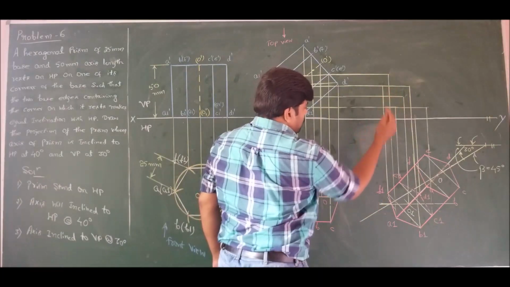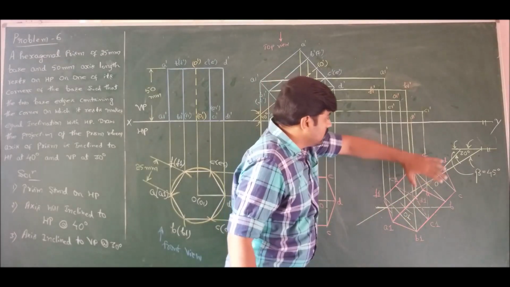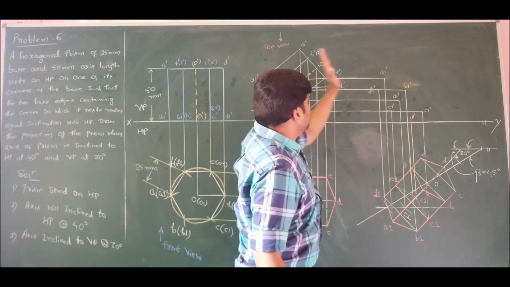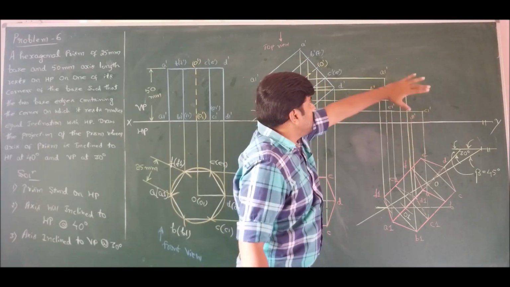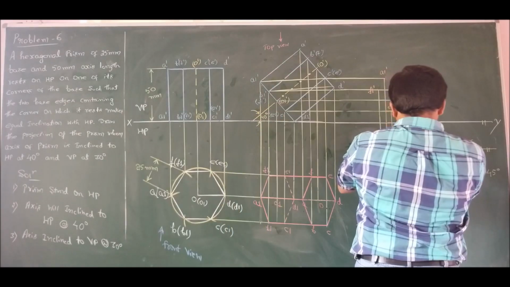Mark all the corners of the base. If I mark, I will get this. Now take the projection vertically upwards from the top face and also from the horizontal and mark all the corners of the top face. If I do that, I will get this.